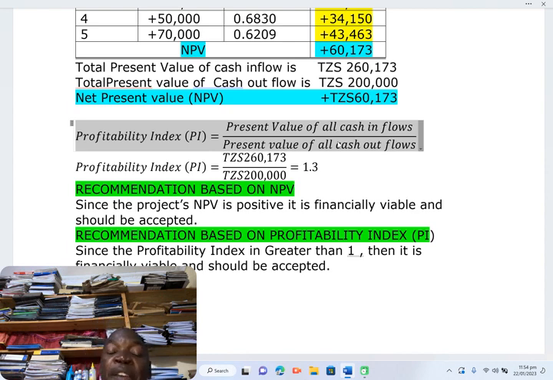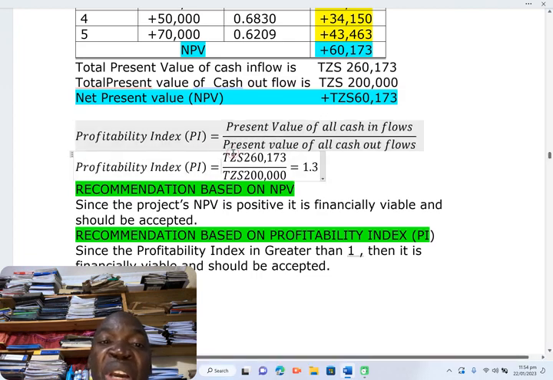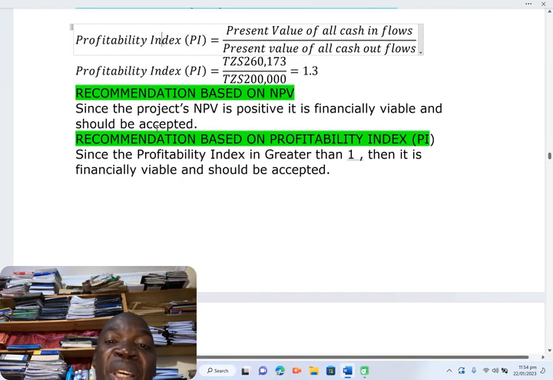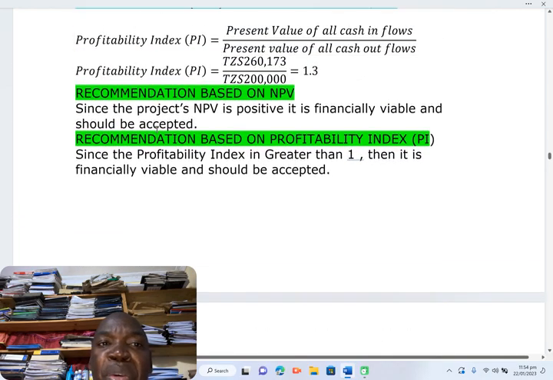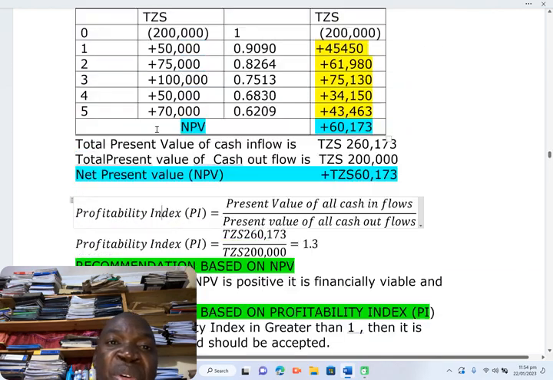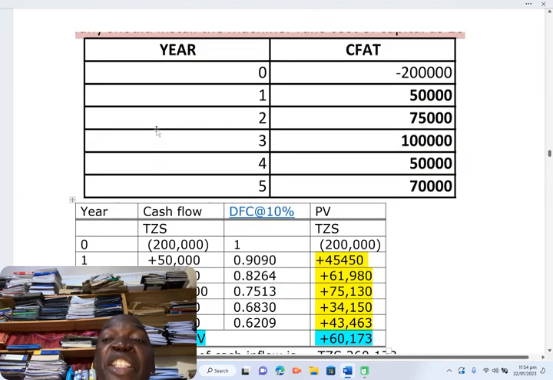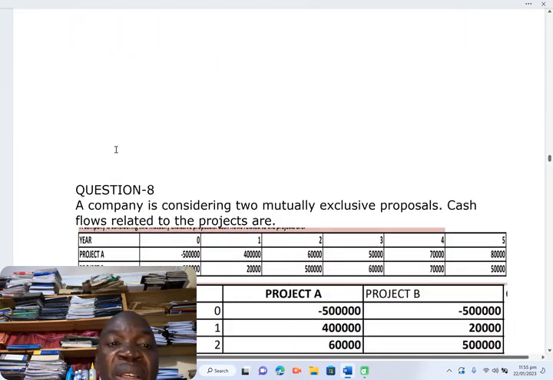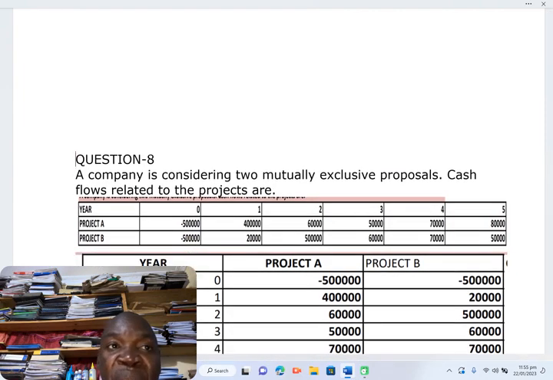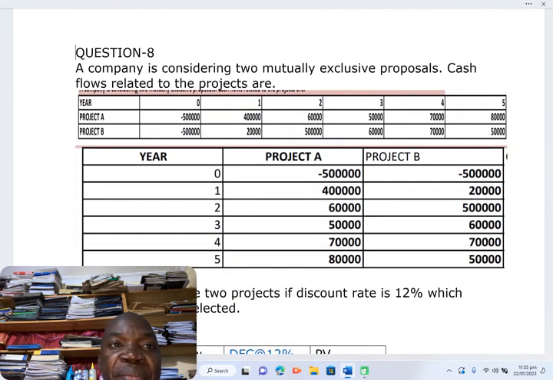So you can use PI to make ranking, or you can use NPV to make a decision. So profitability index is also simple. You can compute it also in other arrangements. And for this case, you can see further problems to be engaged.